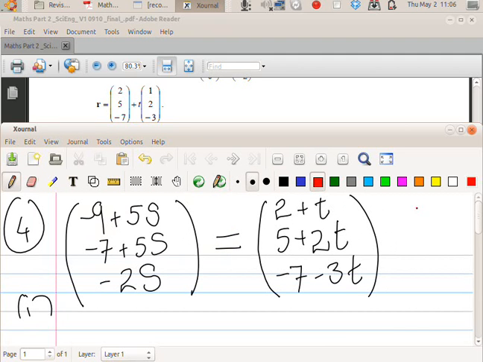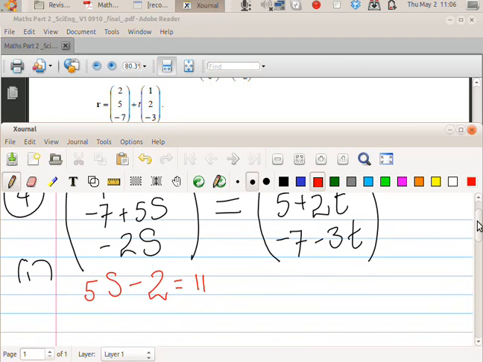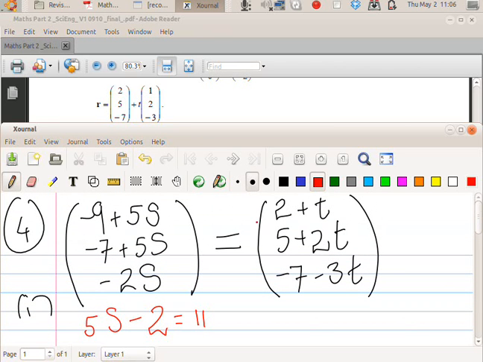So the first equation would be 5s minus t equals 11. I just made these equal on the top and then took the t.